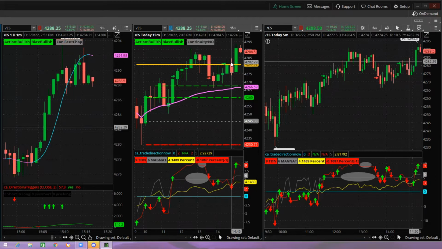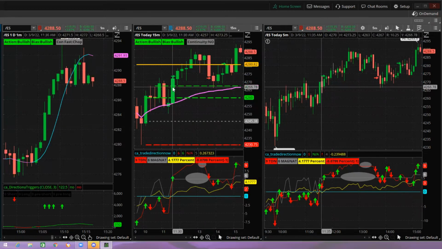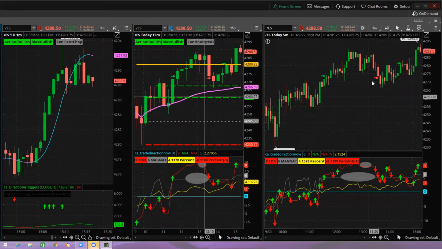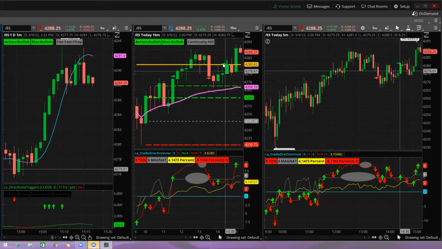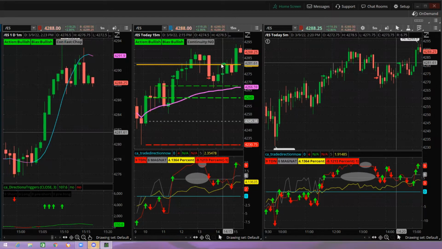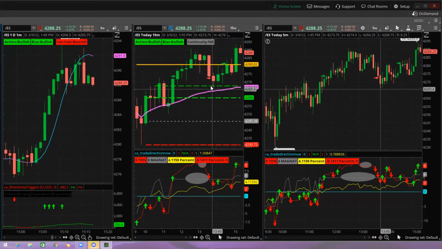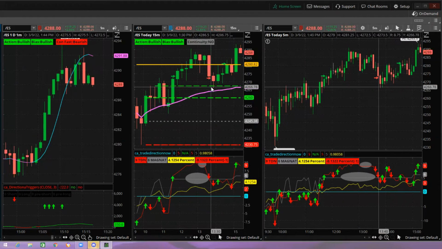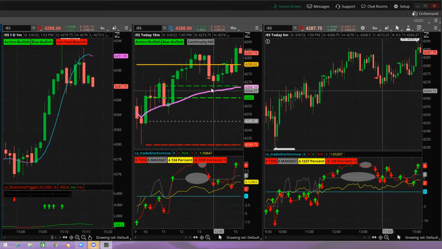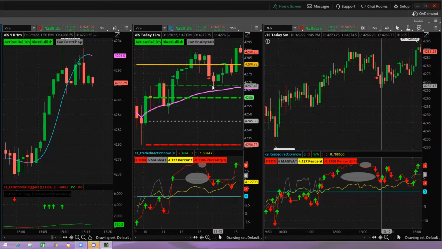Here's where the nuances come in, is if the stop is something that you can't get your head around. Example, this long. Because this long came where it did, and I have a level down here at 67, my stop I'd want to be down here somewhere below the low of this candle.